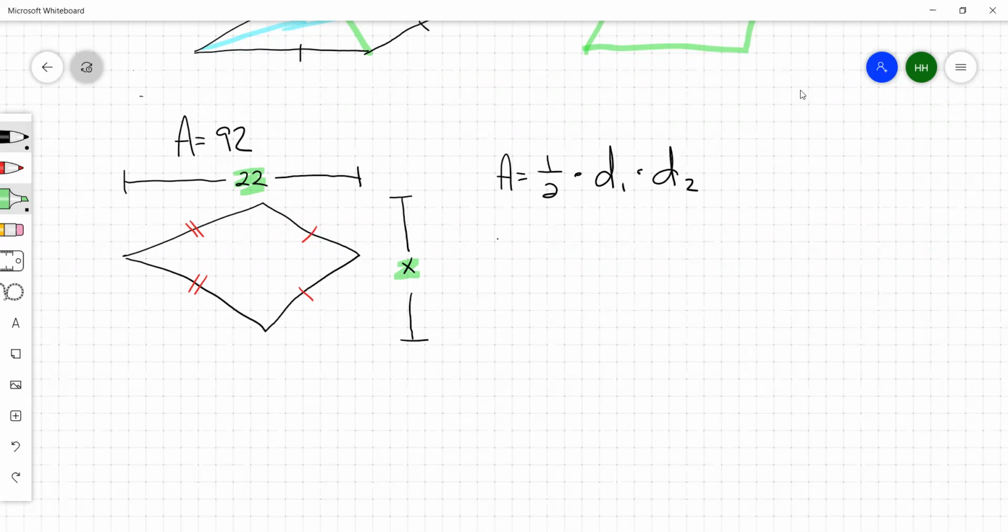Your area, which is 92, equals 1/2 times 22 times X. So 92 equals, what's half of 22? 11 times X. If you divide both sides by 11, 8.36 equals X.